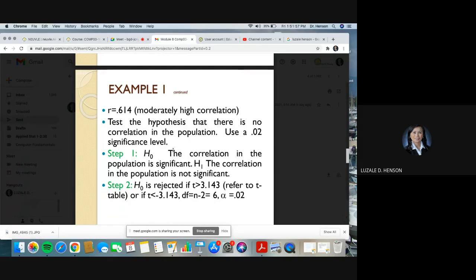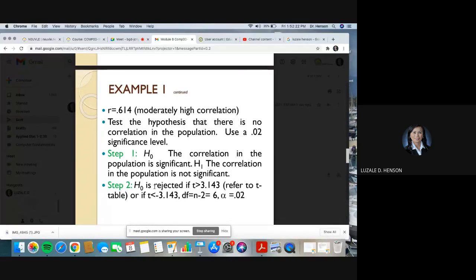So the null: the correlation in the population is not significant. Or you can rephrase this as there is no significant relationship between the cost of the book and the number of pages. And then H sub 1 is there is a significant relationship.